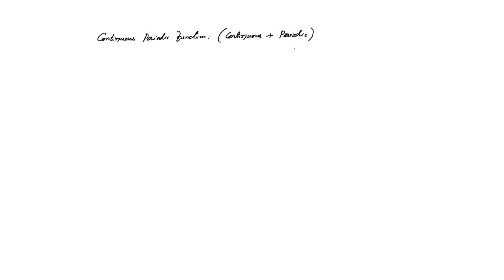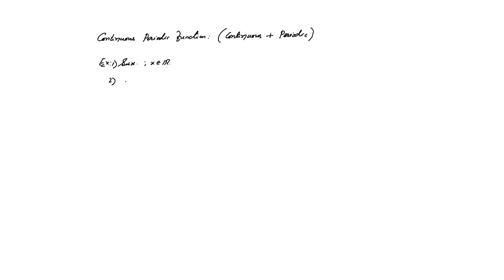The basic example is sin x. If we take the function sin x, x belongs to R, this is a continuous periodic function with period 2 pi.